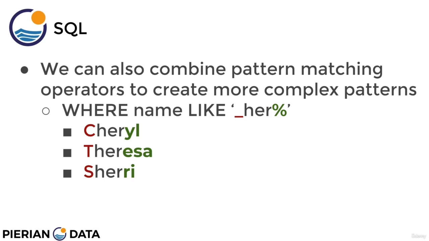So here we have Cheryl, which starts with a single C, then HER, and then has 2 characters after that. Or Teresa, which has a capital T, HER, and then ESA. So notice here, it has to be just 1 character before HER, but then any number of characters after it. So this allows for really powerful pattern matching code.